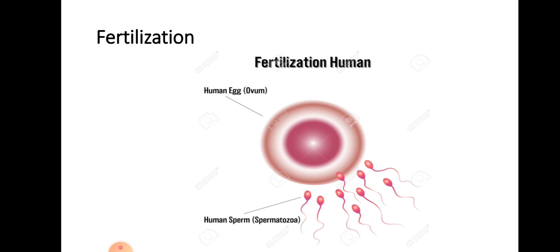The sperm cell is from the father, and the egg is coming from the mother. Both are fused together and form a new individual.